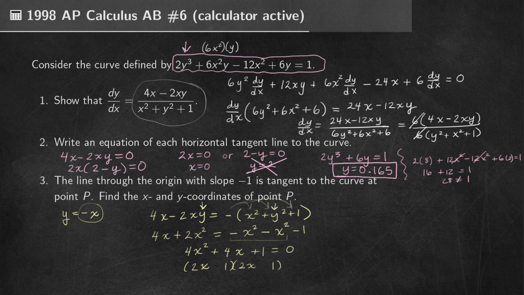And I need a 4x in the middle, so that's going to be plus, plus, equals 0. So x equals -1/2. X equals -1/2, and I can go back to this equation that relates x and y to figure out the corresponding y value. So if x is -1/2, then y is the opposite of -1/2, or just +1/2. So I have x equals -1/2, y equals +1/2.